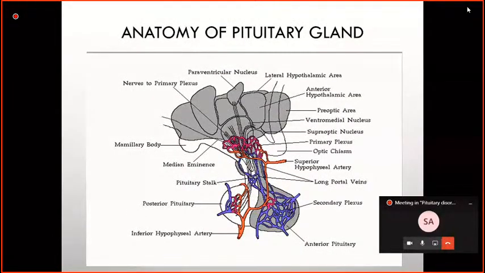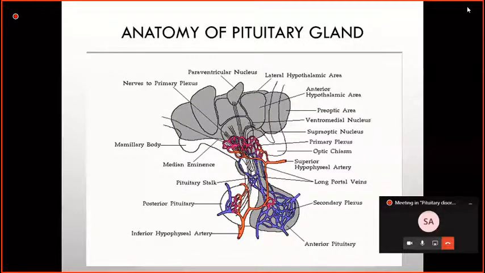Anatomy of the pituitary gland, I'm not going to go through this. You have to understand the concept of the anatomy, the anterior pituitary, and where the hypothalamus is, as well as other structures surrounding the pituitary. Later we are going to talk about mass effect, in which you relate the pathology in the pituitary to the clinical manifestation.